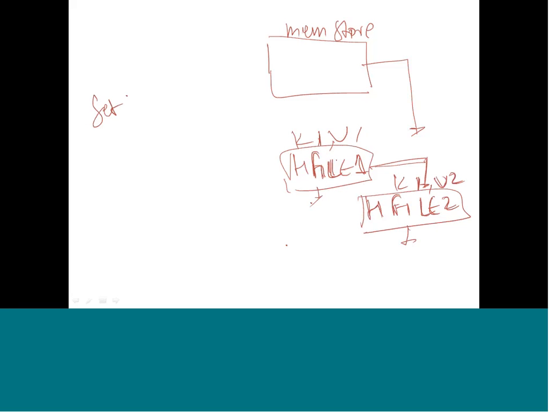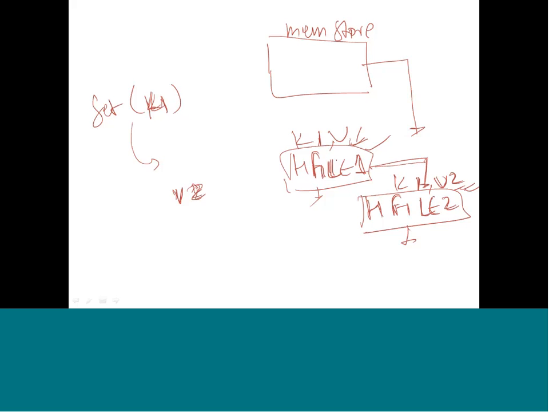So when somebody comes looking for K1, both these files are read by HBase, and the appropriate versions in the sorted files are picked up, which are V1 and V2, right? And depending on what he needs, V2 is presented to the user. Does that answer your question? Yeah.